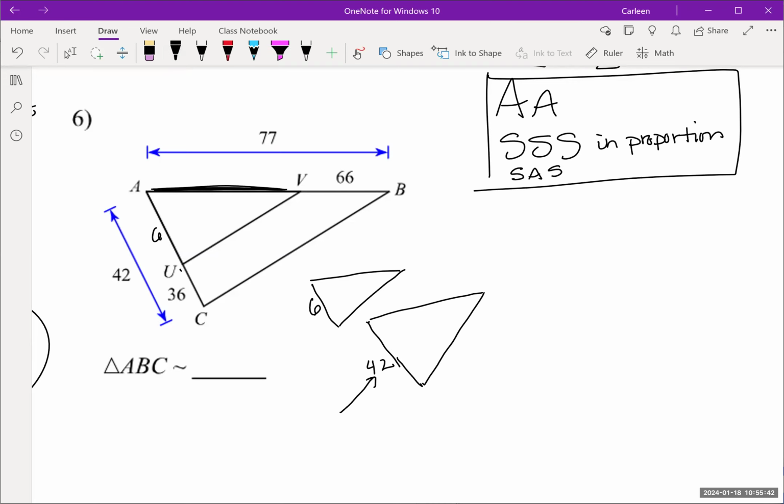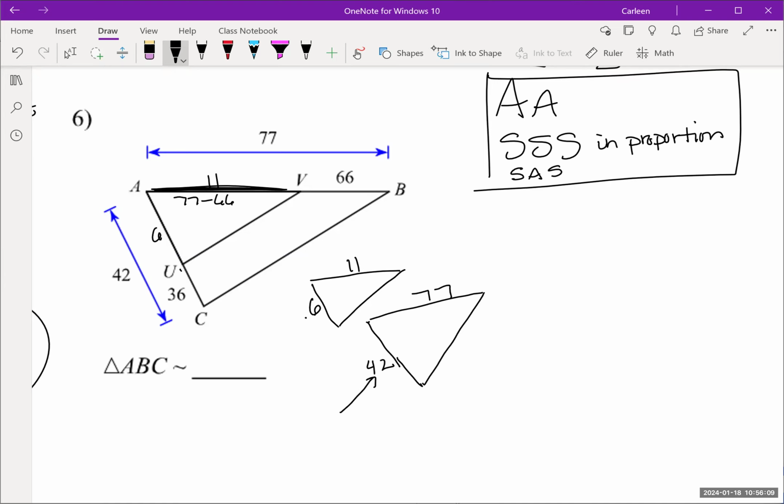So I'm going to take 77 minus 66, which is 11. Okay, so I have 6 and 42, and I have 11 and 77.